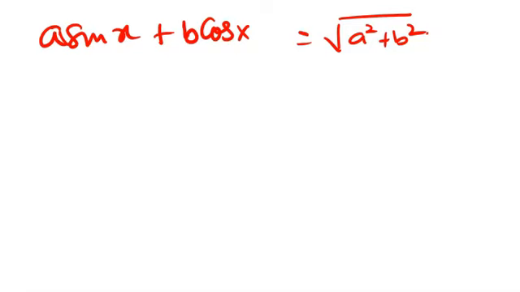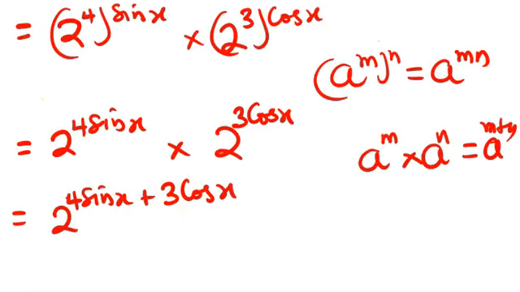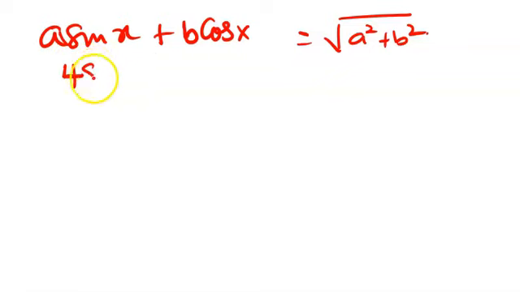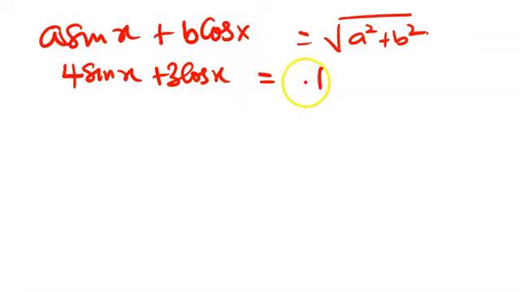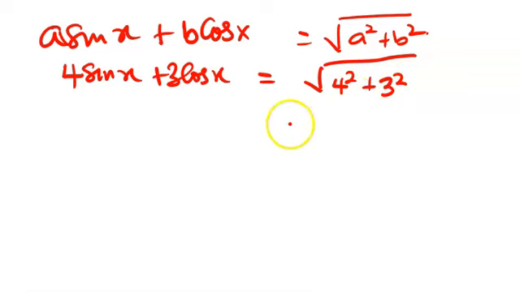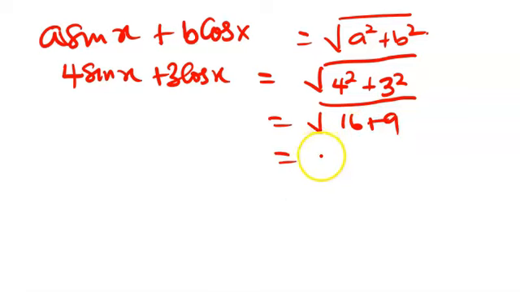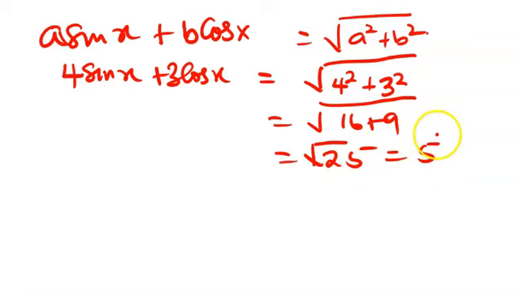So, in the same way, if you want to find the maximum value of 4 sin x plus 3 cos x, this will be square root of 4 squared plus 3 squared, which is root 16 plus 9. So we are having root 25, which is equal to 5.